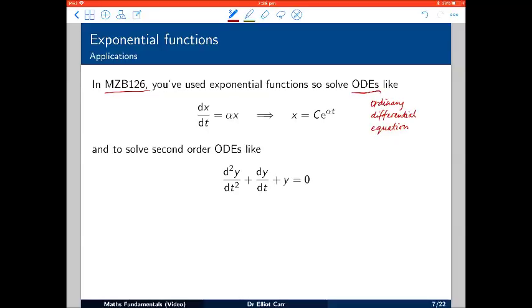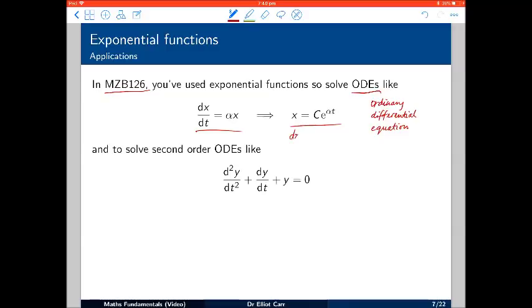So you would have used exponential functions to solve ODEs of this form. The problem is find the function x such that when I differentiate it with respect to t, I get alpha times the original function back. And it turns out that the solution of this problem is x equals, for any constant c, multiplied by e to the alpha t.